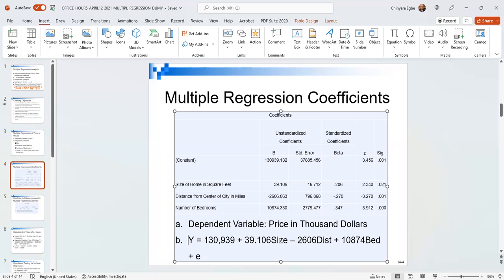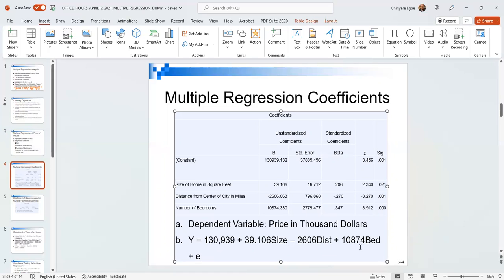So if the size of the house increases by 1 square foot, then the price of the house will increase by $39. If the distance from the city increases by 1 mile, then the price of the house will decrease by 2,606. As you can see, the coefficient of distance is negative, okay?